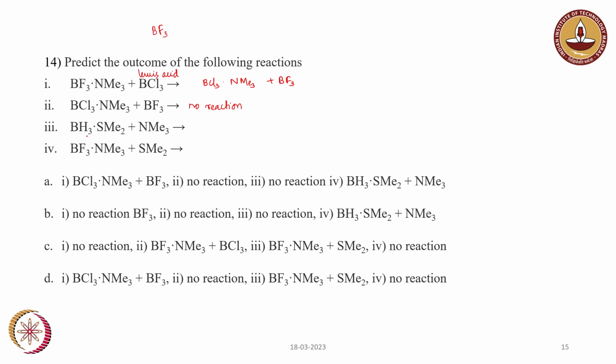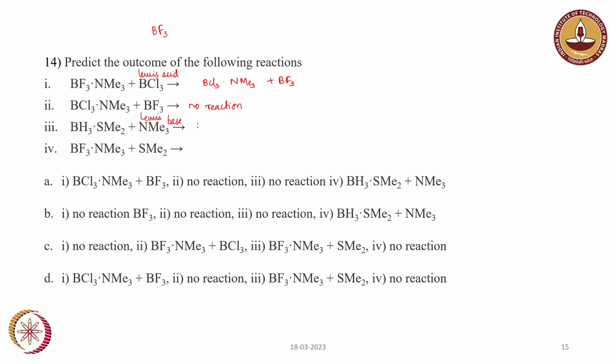And next one is BH3·SMe2 plus NMe3. Here this NMe3 is highly Lewis basic and SMe2 is a weak Lewis base. So when we react BH3 with a weak Lewis base and a strong Lewis base, the strong Lewis base and BH3 will react.